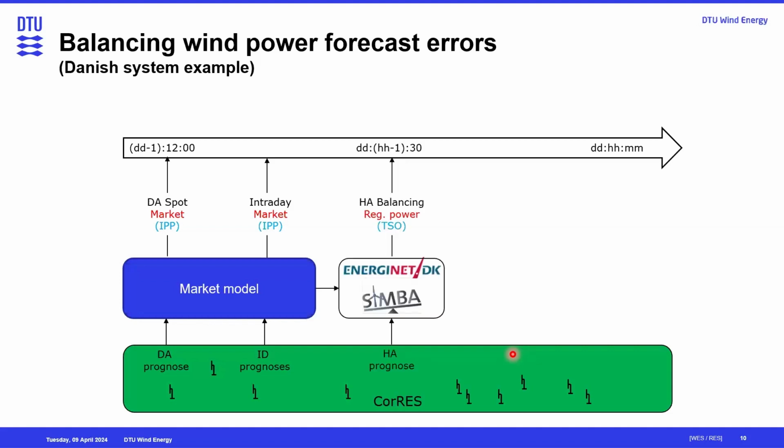But then comes the regulating power, or the balancing market, which is 1 hour before. And this is what Energinet used to do until now, and Simba was their tool, but they were also using other tools, BID and whatnot. In future, it's going to be different.